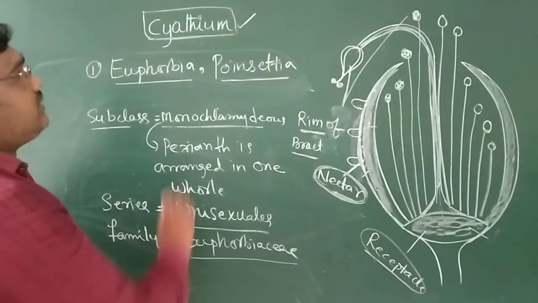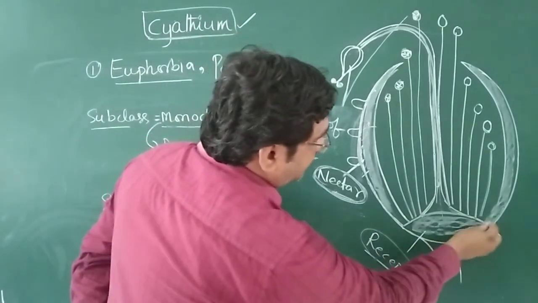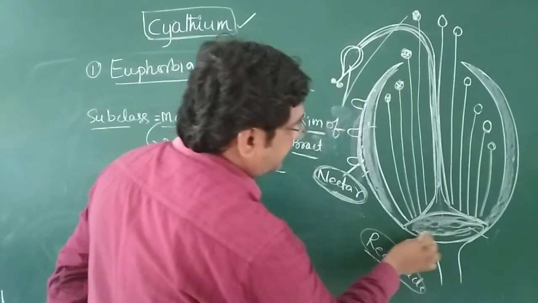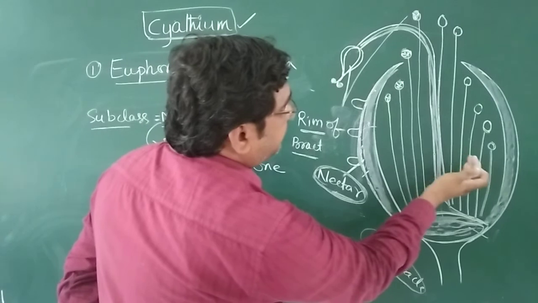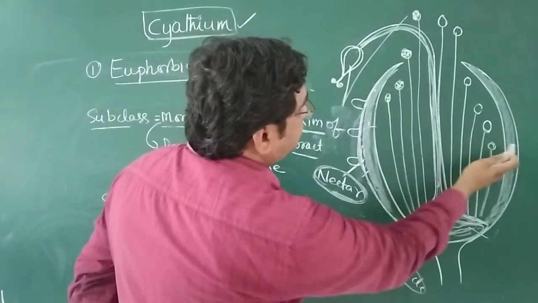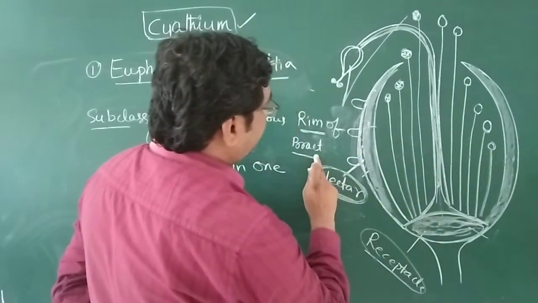Okay? So in Cyathium inflorescence, here this is the peduncle. The peduncle is modified into a convex shape, that is called receptacle. On the receptacle, male and female flowers are arranged inside the cup shape of the involucre.